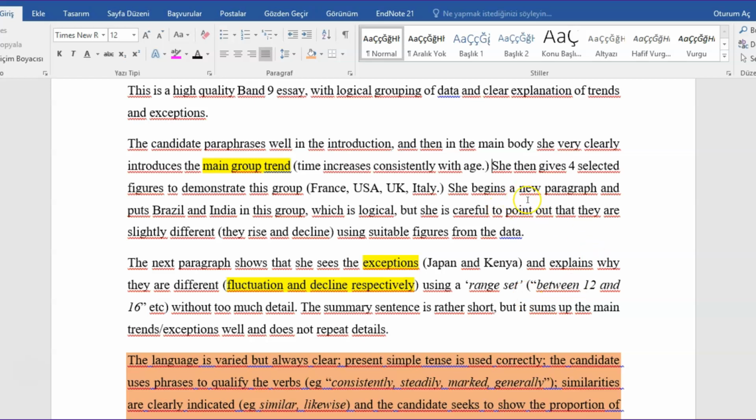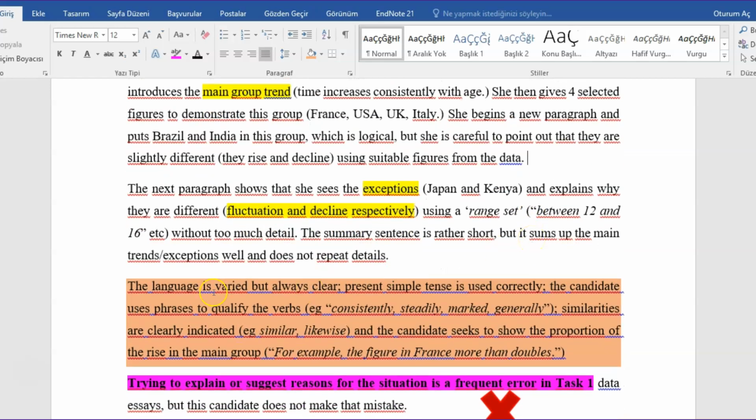She begins a new paragraph and puts Brazil and India in this group, which is logical, but she's careful to point out that they are slightly different. They rise and decline, they fluctuate, using suitable figures from the data.